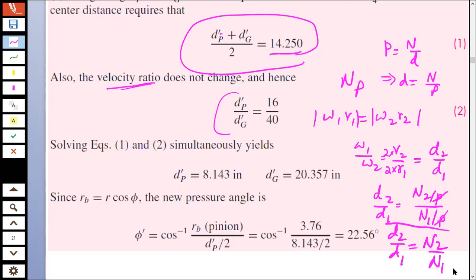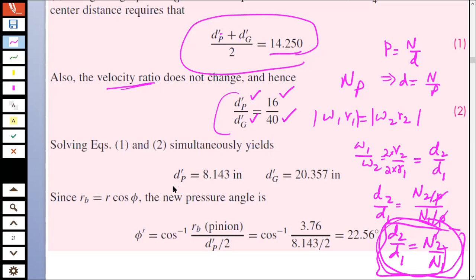So this means that dp dash over dg dash is equal to the number of teeth on the pinion over the number of teeth on the gear. So I can write that dp over dg is equal to the reciprocal, that is 16 by 40.